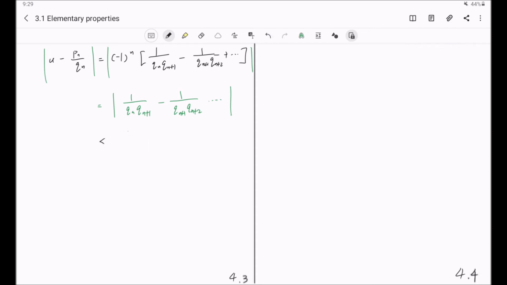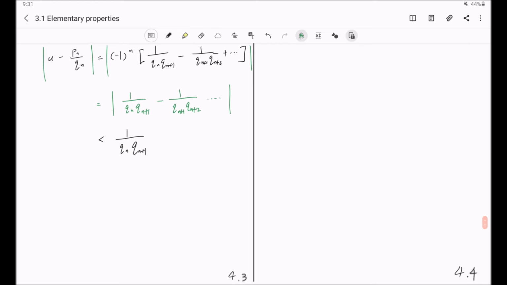So this is strictly less than 1 over q sub n times q sub n plus 1, by advanced calculus. Okay. Now let's further simplify this. But we know that this guy is less than or equal to 1 over q sub n squared, because q sub n is increasing with n. So this is true for all n greater or equal to 1.